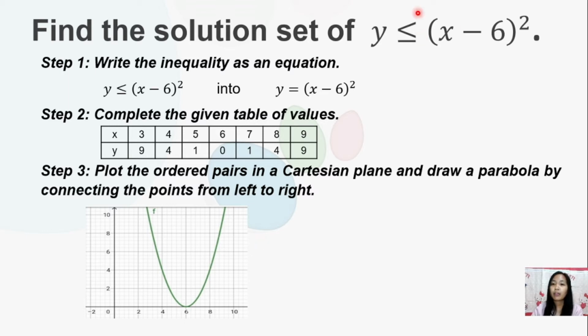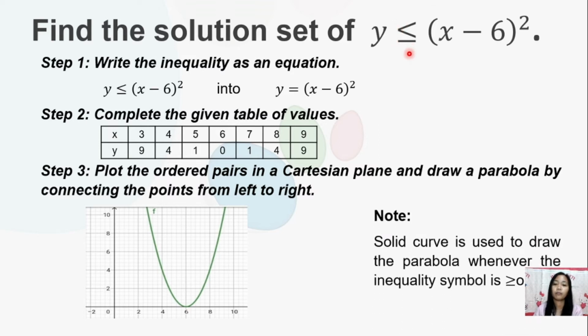Why? Because the quadratic inequality symbol that is used is the less than or equal to symbol. So note, a solid curve is used to draw the parabola whenever the inequality symbol is greater than or equal to or less than or equal to symbol.